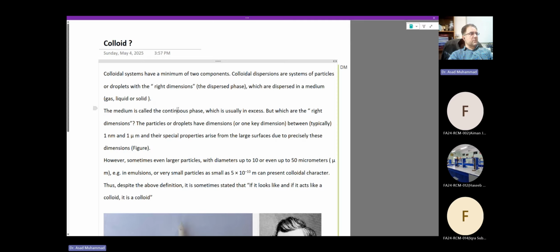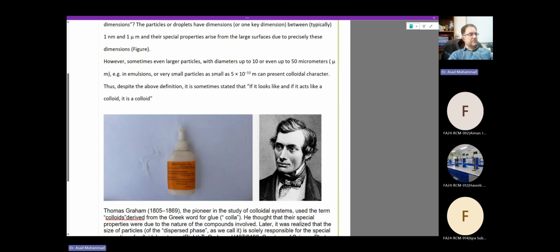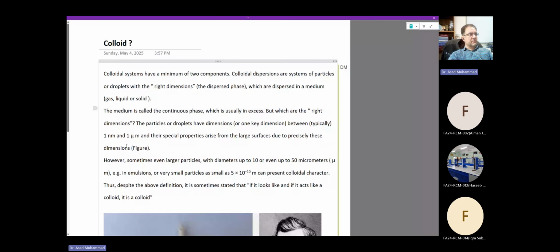So the medium is called the continuous phase, which is usually in excess. The particles or droplets have dimensions, or one key dimension, between 1 nanometer and 1 micrometer, and their special properties arise from the large surface due to precisely these dimensions. As we saw earlier, this figure refers to the last figure that we just discussed.